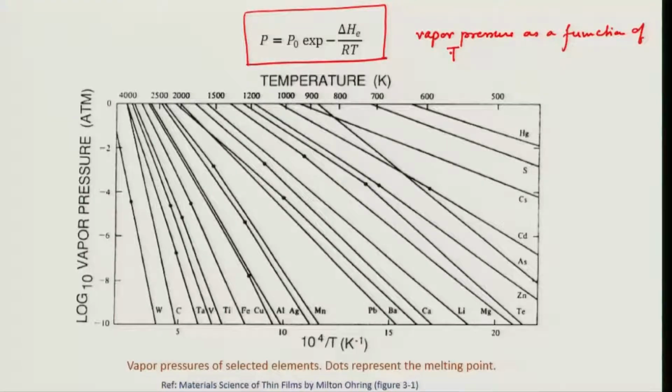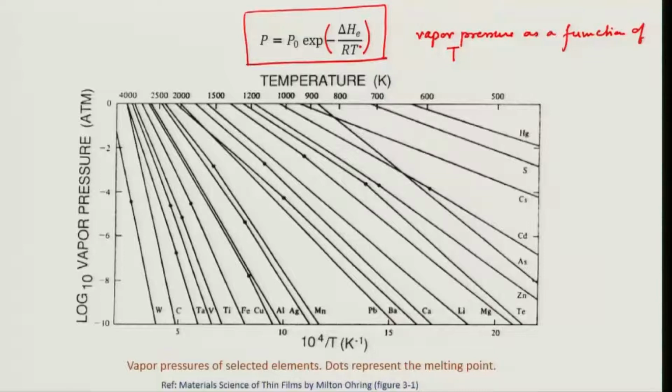Why do we need that? Because remember, we need to heat the source material. So, to what extent do I need to heat? We need to heat to the extent that the vapor pressure is around 10 to the power minus 3 torr. That temperature is good enough.